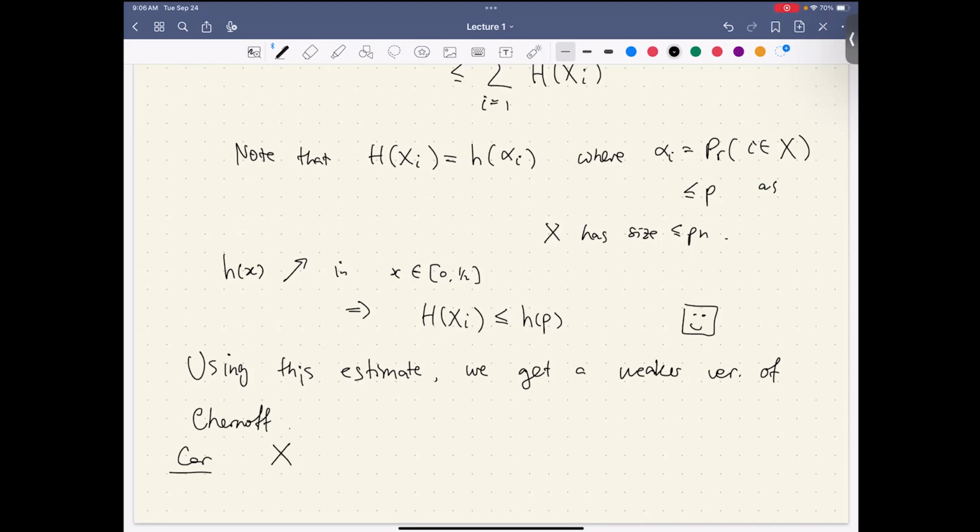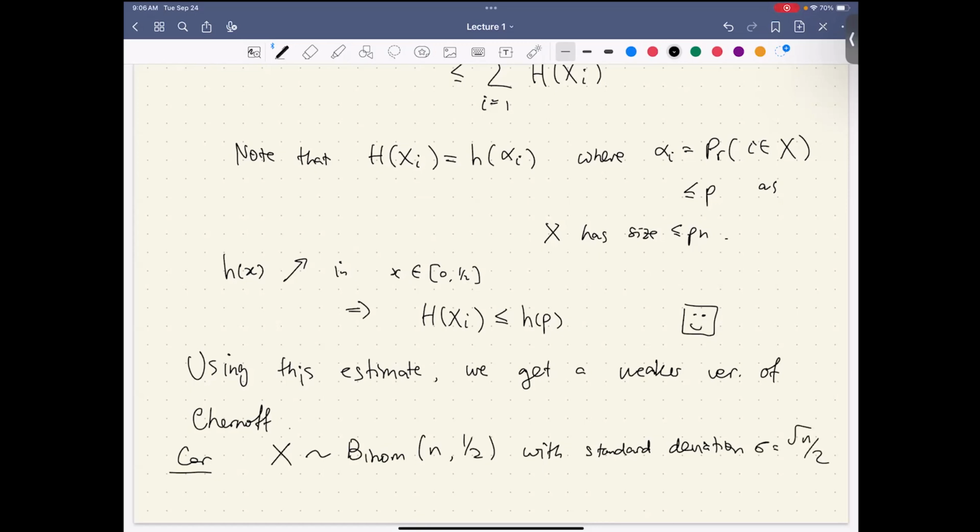You have X, which is a binomial random variable, n trials, each trial with probability 1/2, with standard deviation sigma equals square root of n over 2.